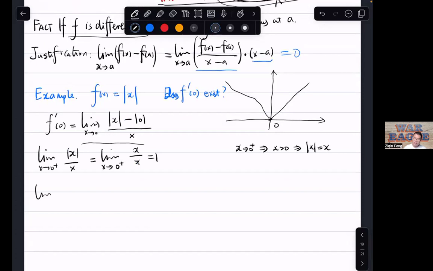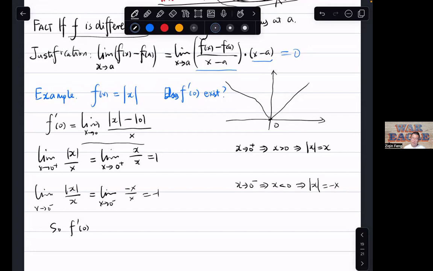Now the left side: x goes to 0 from the left, so x is less than 0, and the absolute value of x is negative x. So the limit from the left of negative x over x is negative 1. The left limit is negative 1, the right limit is 1. They are different, so f prime of 0 does not exist.